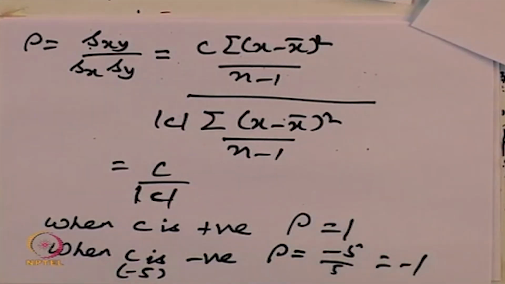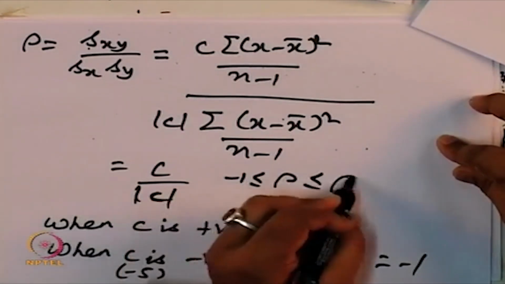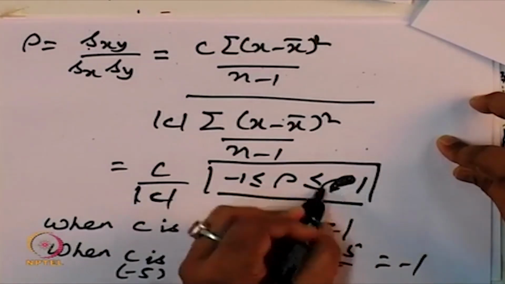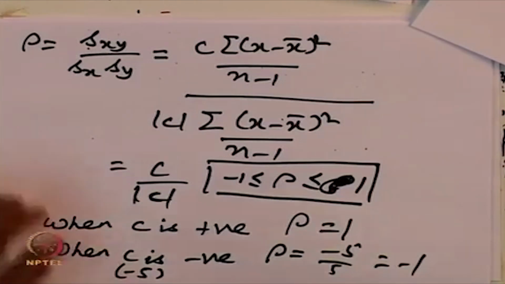This tells you that your correlation coefficient rho is bounded within the following limits. Okay. Rho is bounded between minus 1 and plus 1.